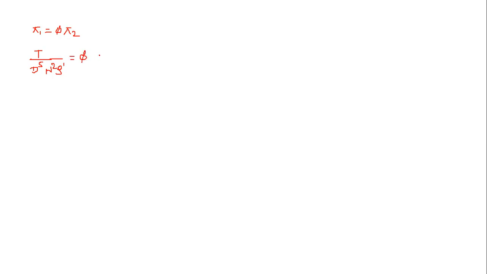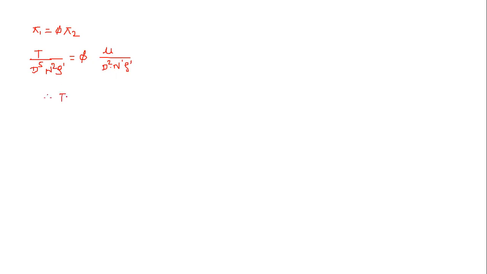Now pi 2 is mu upon d square of the diameter into n raised to 1 into the density raised to 1. Now what do we have to do? We have to go for the torque only, the dependent variable on those remaining variables.